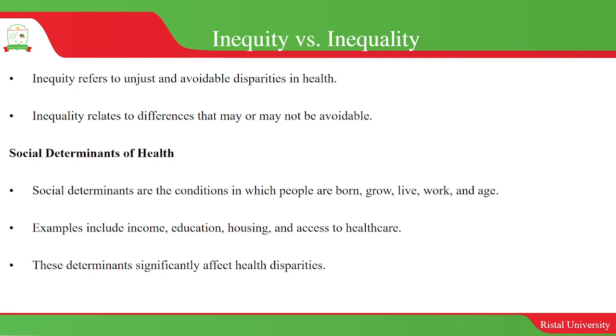So we move to the concept of inequality, which relates to the difference that may or may not be avoidable. Okay, so you can have health outcomes of populations that are not the same. Maybe population A has better health outcomes compared to population B, but that difference is not necessarily because of avoidable reasons or unjust reasons.